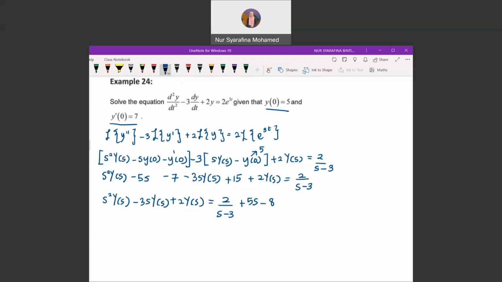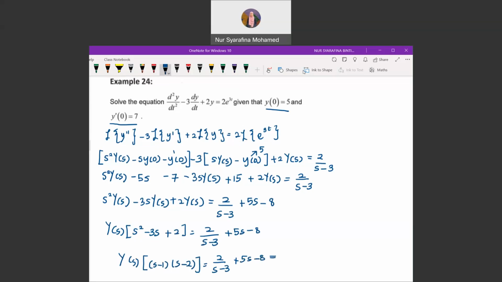Then factorize: we have Y(s) times s squared minus 3s plus 2, equals 2 over s minus 3 plus 5s minus 8. This we can factorize to s minus 1, s minus 2, and then put s minus 1, s minus 2 to the right hand side.